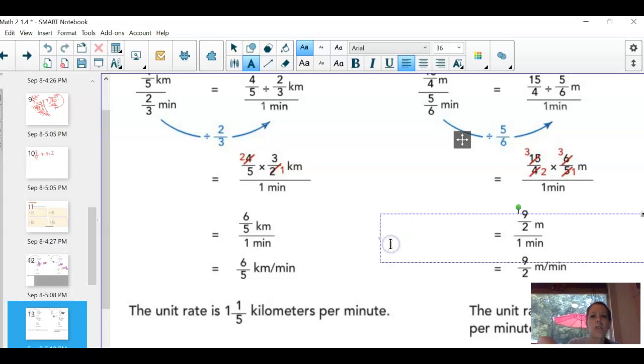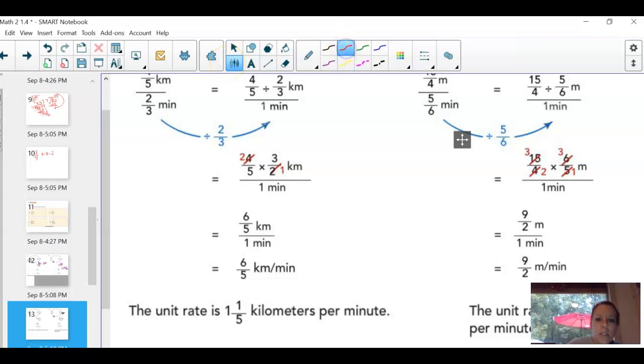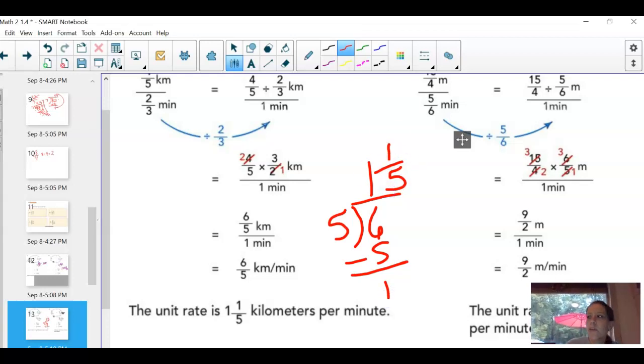So 6 goes under the bridge, and 5. 5 times 1 will get me as close to 6 without going over. That leaves me with 1 left over. The 1 becomes my numerator. My denominator I'm still cutting up into fifths, so it's still 1 and 1/5.